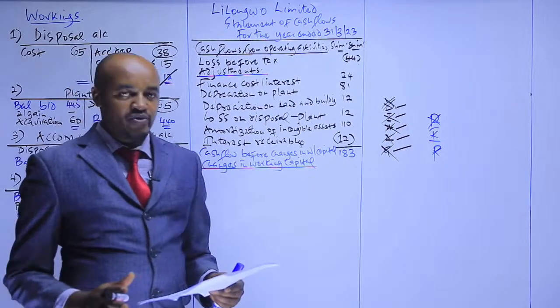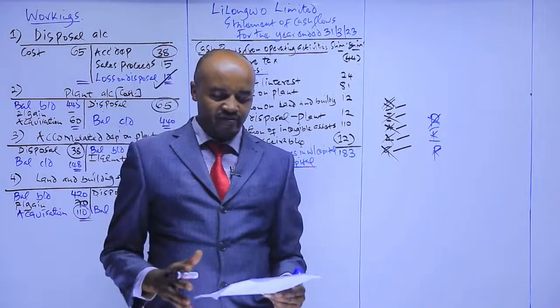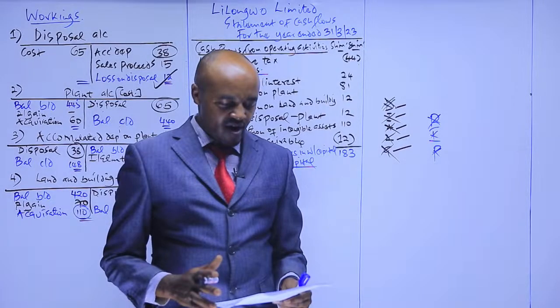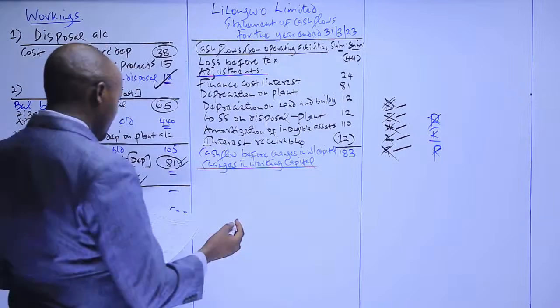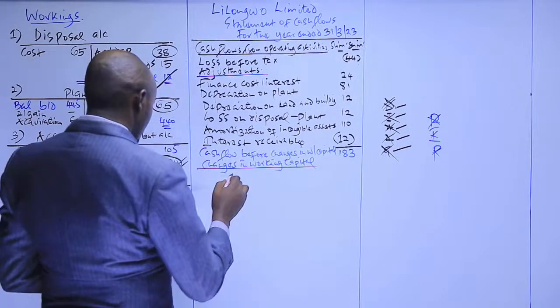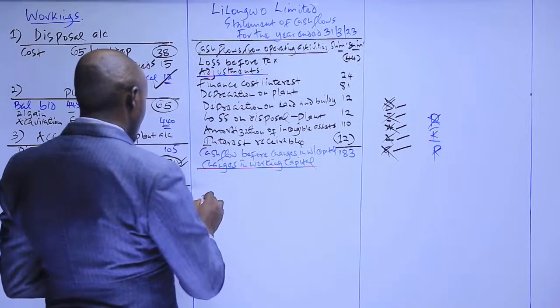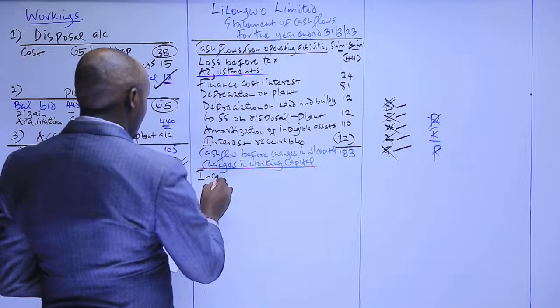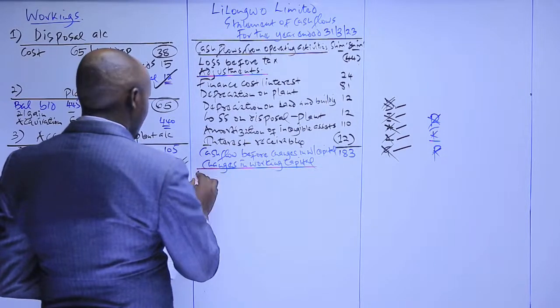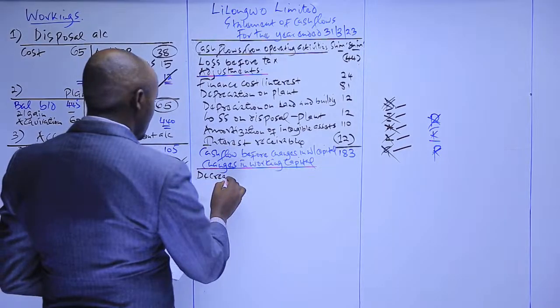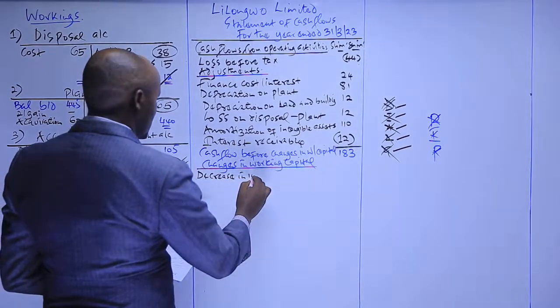So let's go back to the statement of financial position given under paragraph 1. We consider inventory. We just need to determine for inventory, was there an increase or decrease? Inventory at the start was 420, at the end 350. So in that case we can see we have a decrease in inventory.